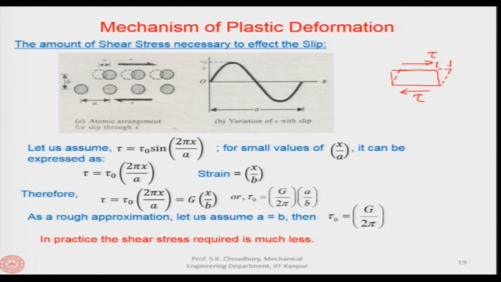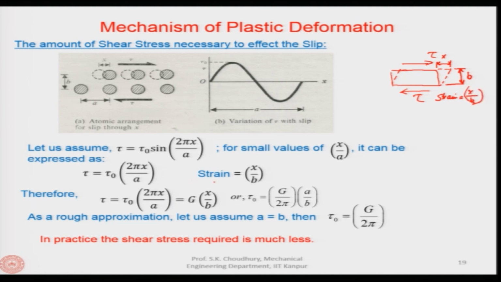This movement is, let us say, x, as you must have done in your solid mechanics course, and this is the distance b, the thickness. This is considered to be two layers of atoms, and here the strain is given by x upon b.